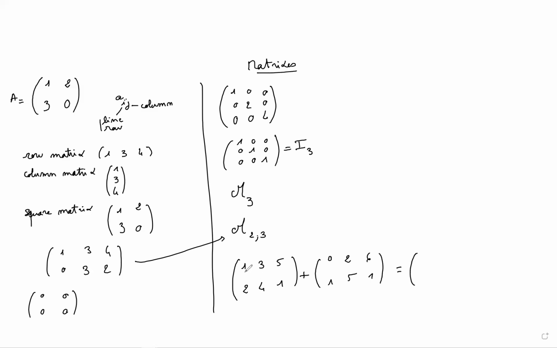You will add this coefficient with this one, this coefficient with this one, and so on. 5 plus 6, and here 2 plus 1, and here 4 plus 5, and here 1 plus 1. So your result will be this matrix, okay?